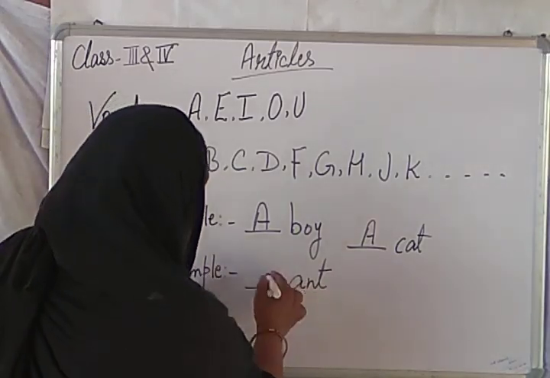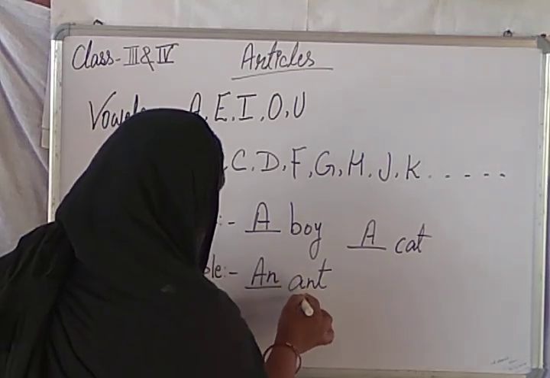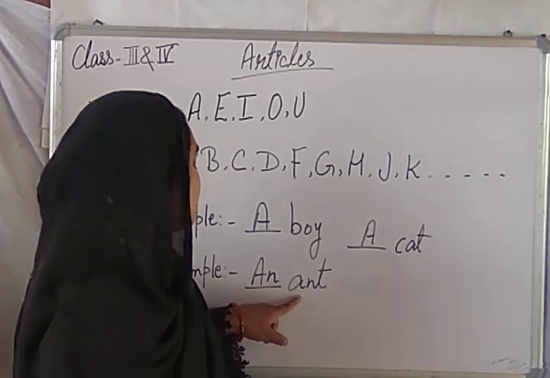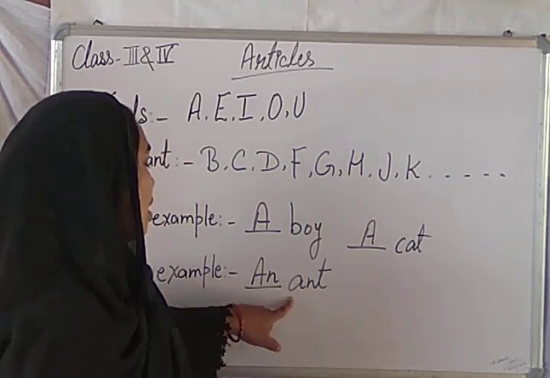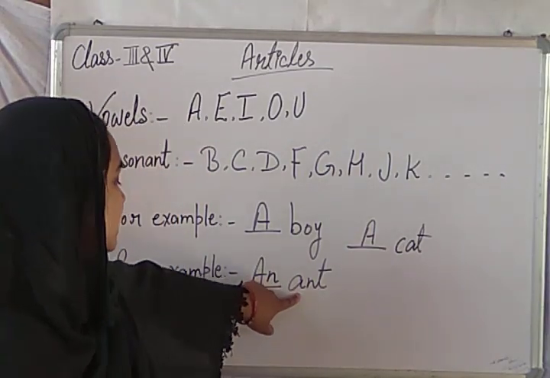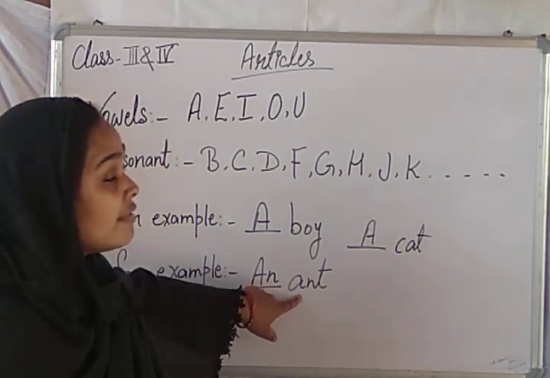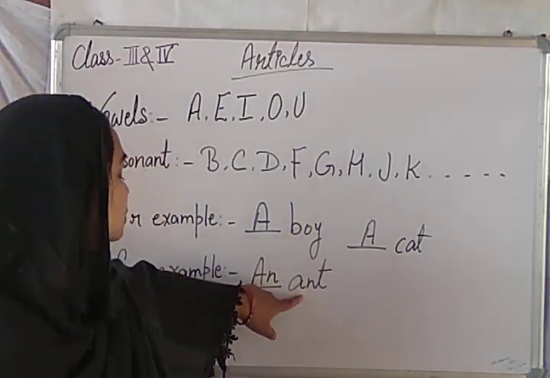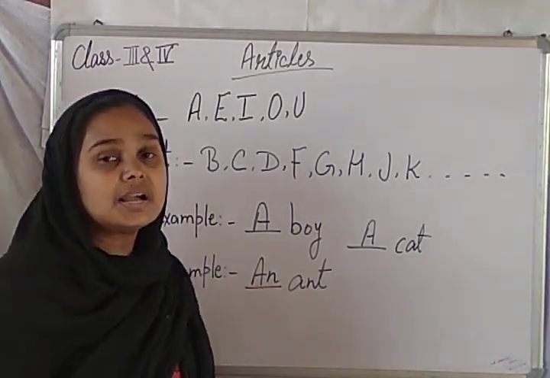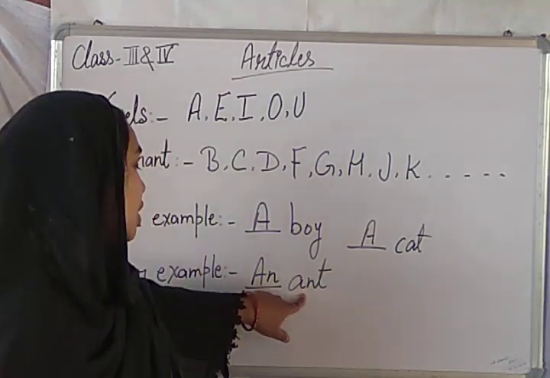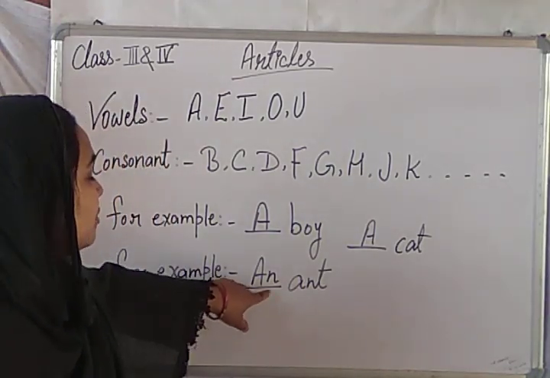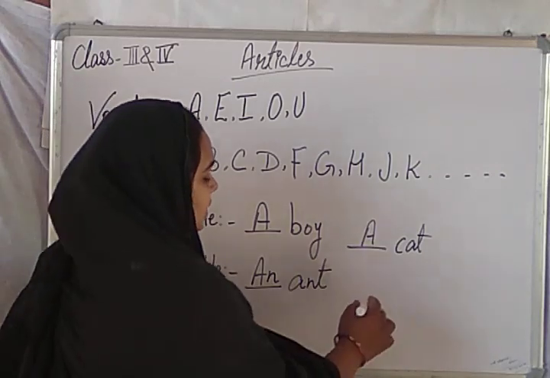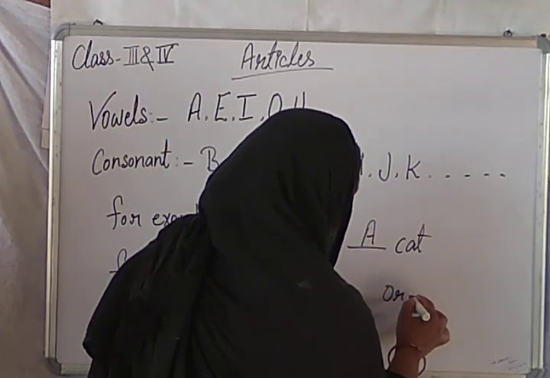Here we use an before ant because the first letter of ant is A, a vowel letter, and its sound is a vowel sound. So we use an before ant. Next example, an orange.